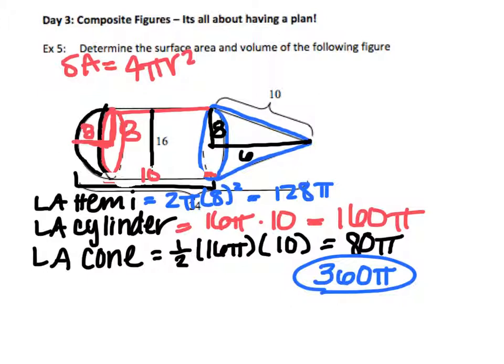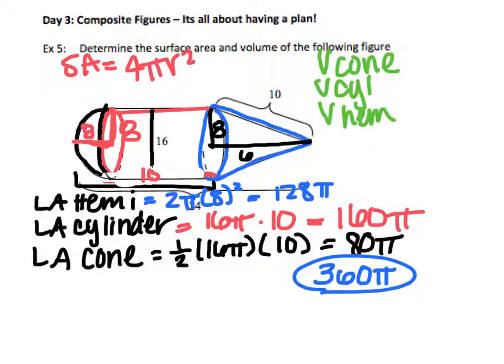Okay, now volume. Volume is, I think, a little bit simpler because there is no question about whether you take into account the bases or not. So with the volume, okay, remember all about having a plan. So my volume is going to be the volume of the cone, volume of the cylinder, and volume of the hemisphere.